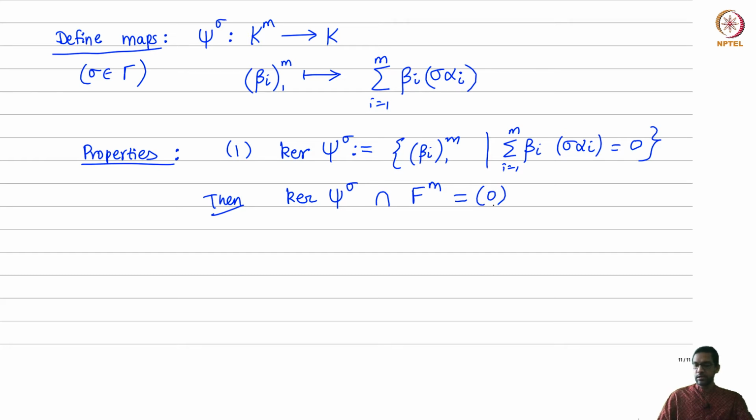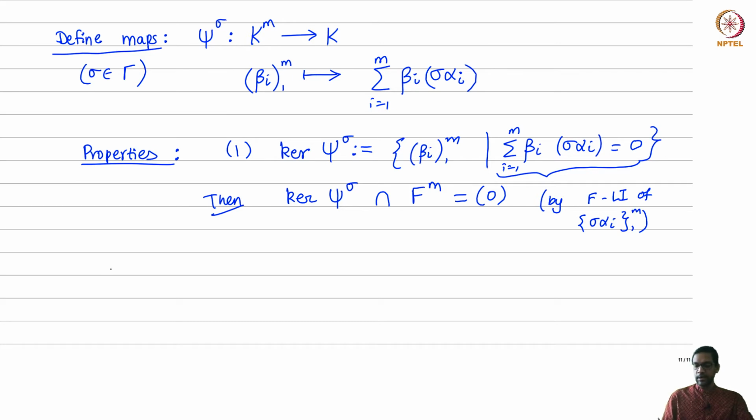In other words, if all the beta_i's come from F, then this linear combination can never be 0, unless all the beta_i's are 0 themselves. This is exactly linear independence, by the F-linear independence of the sigma alpha_i.